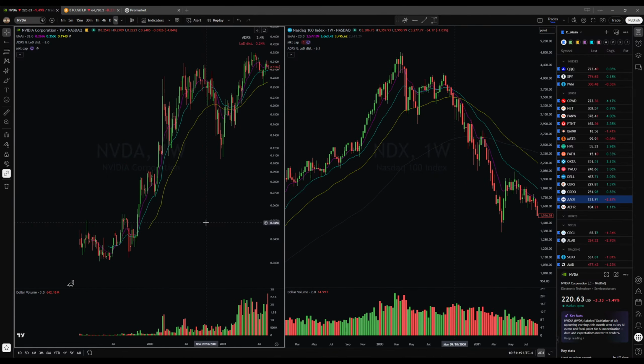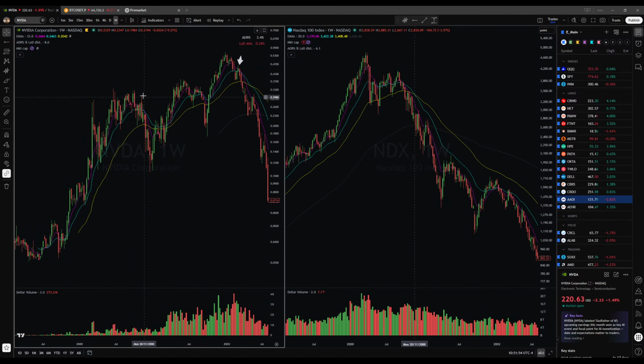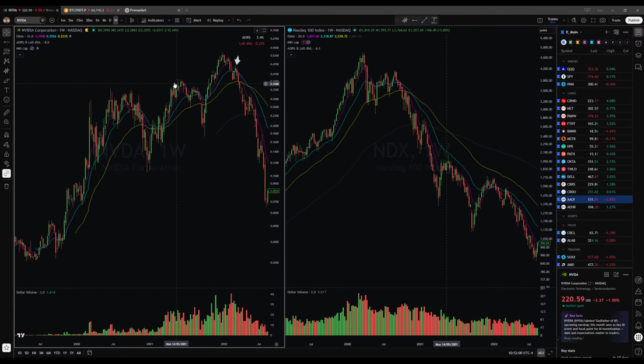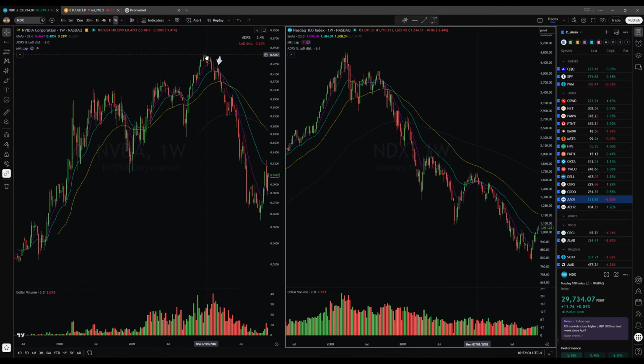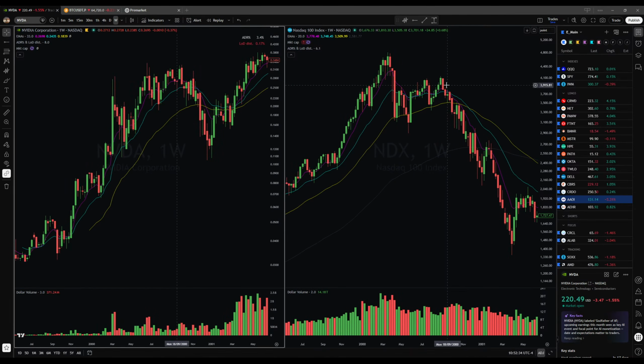So it looks like Nvidia is an exception among the dot-com bubble survivors. It's actually still making higher highs after the dot-com bubble burst, and it tops in December 2001. But I would like to focus on the period before the dot-com bubble burst.